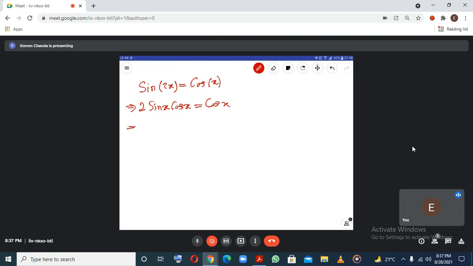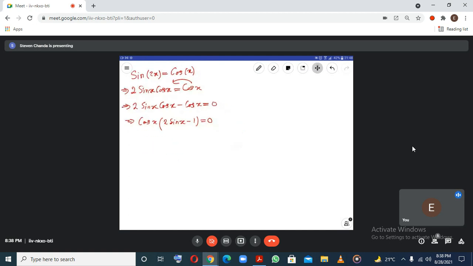So what you do is you bring this cos x to this side. Then now you can factor. So it's cosine which is common. You see that had you done that division, you would have lost the cos x equals 0.